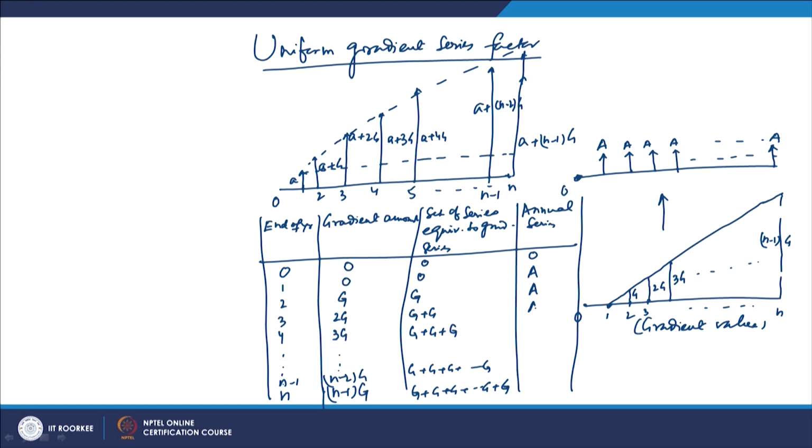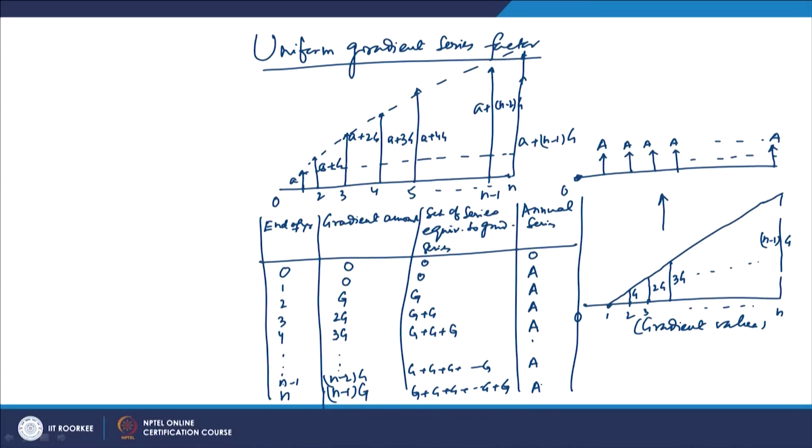So, we want to find this A. Basically, what we mean to say is that we wish to have this as equivalent to the capital A, and that will be calculated by using the expression.